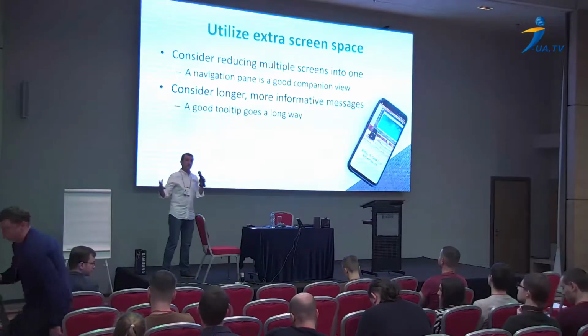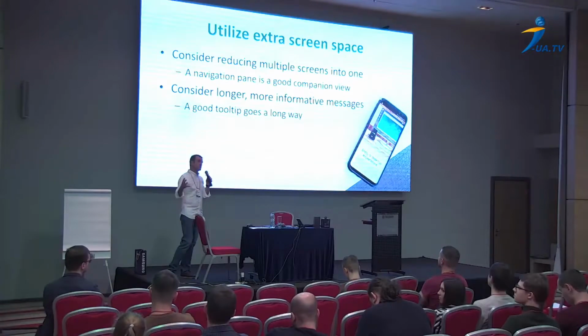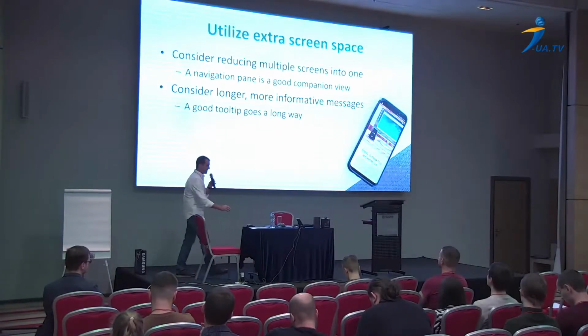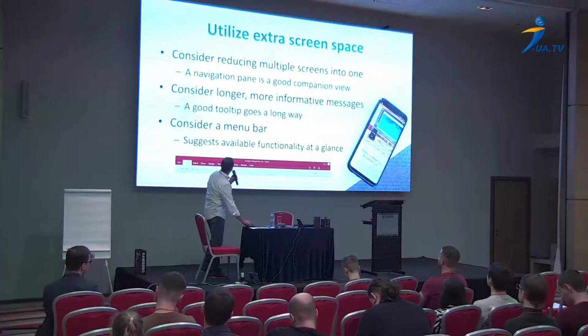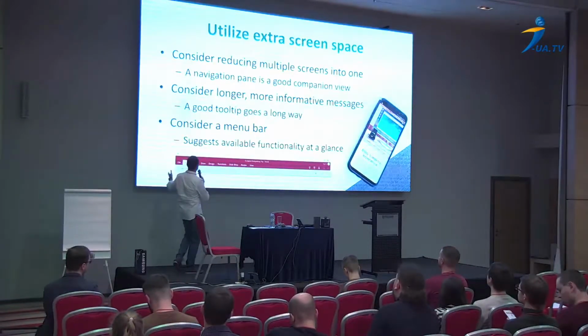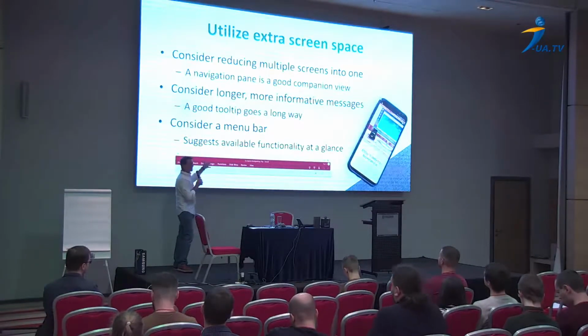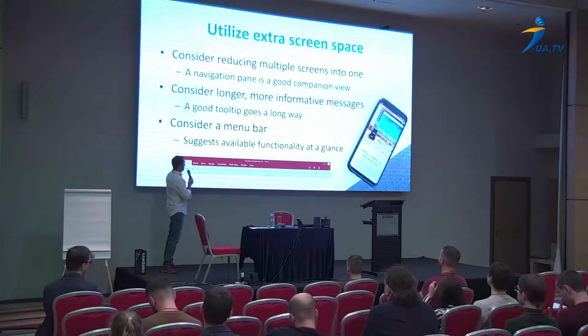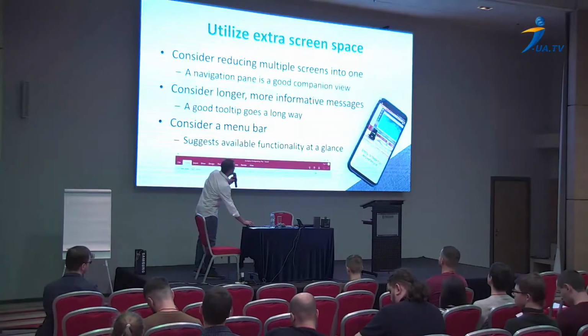Since you have more screen space, you're no longer restricted to short messages. You can use more elaborate messages and show them to your users. You may consider adding a menu bar to your screen, because it's really easy to look at the menu bar and understand the functionality supported by the application.